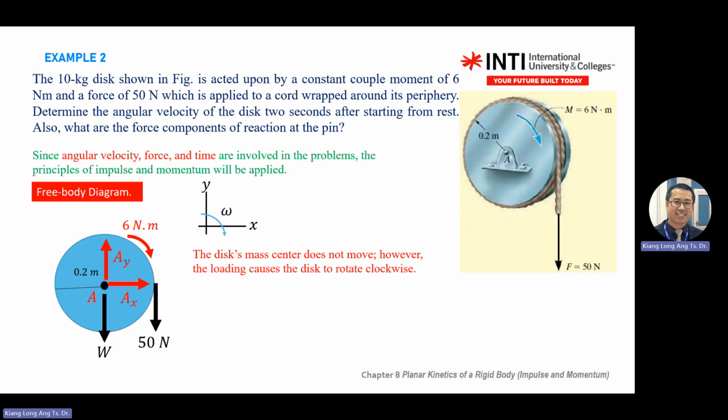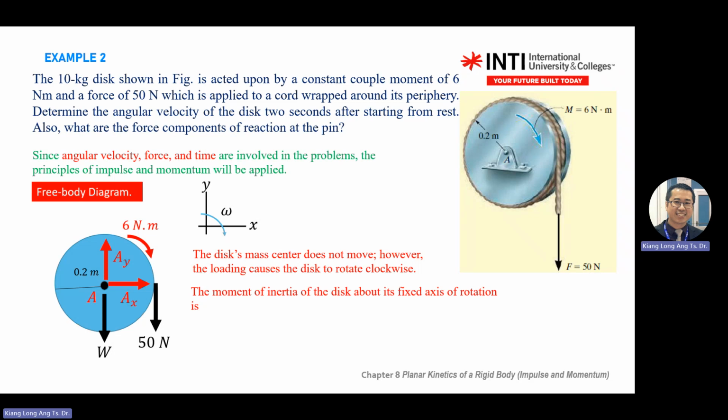So this mass at the center does not move. However, loading causes the disk to rotate clockwise. So this is the status of this object. It does not move left, right, up, down, but it will rotate. In this case, everything is at the center of gravity.